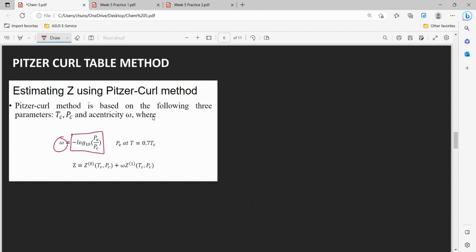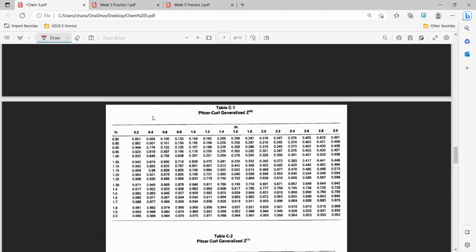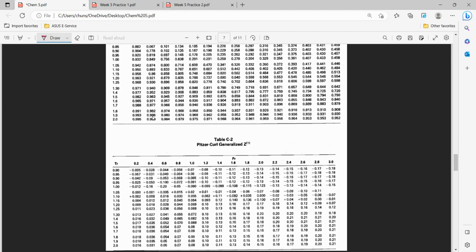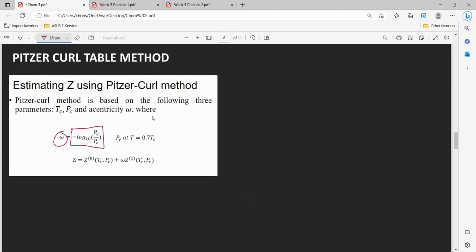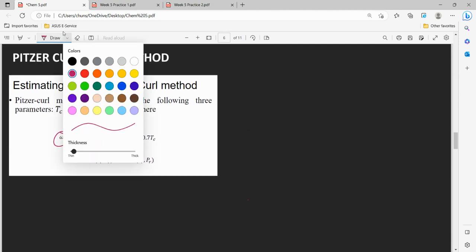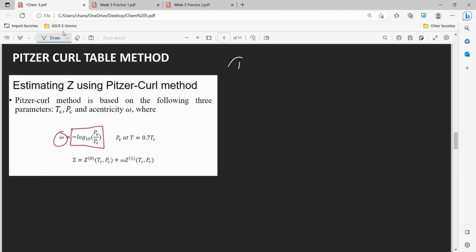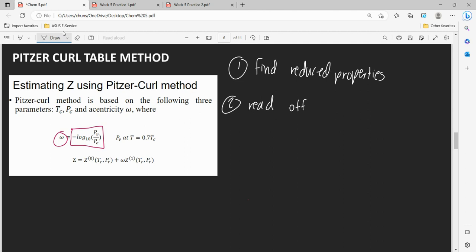Okay, so the Pitzer-Curl method involves finding the reduced temperature and pressure of your gases. So I would find the reduced properties, and then read off graphs.